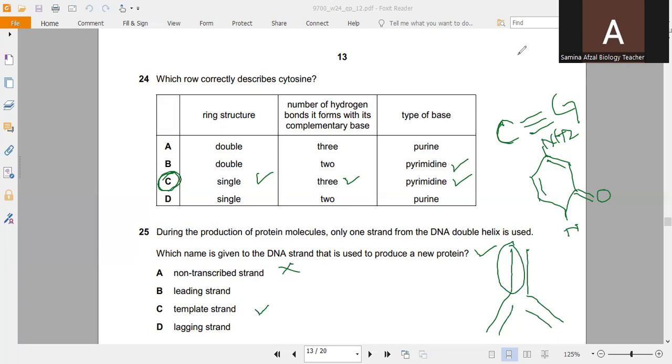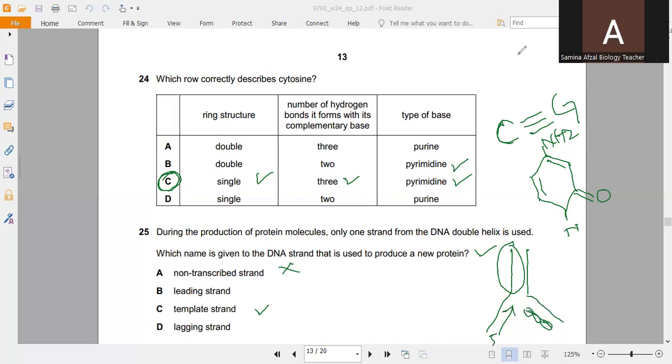And the leading strand is the strand in which the copying starts from the primer; its direction is from 5' towards 3'. Whereas the other strand, the lagging strand, is in the form of fragments.